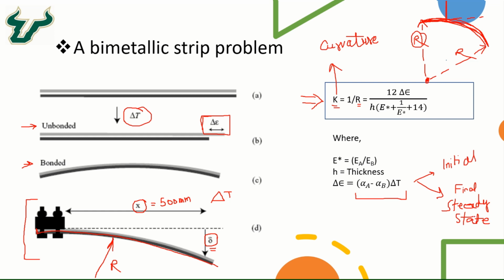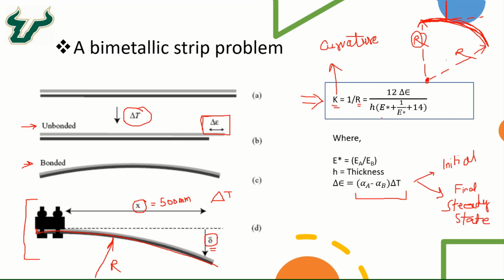Let's say the initial room temperature is 20 degrees and the final temperature is 300 degrees Celsius. So delta T will be equal to 280 degrees Celsius, and alpha A and alpha B are the coefficients of thermal expansion for these two metals.